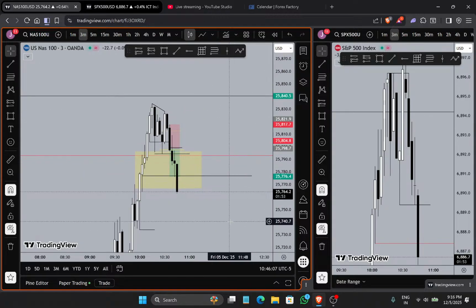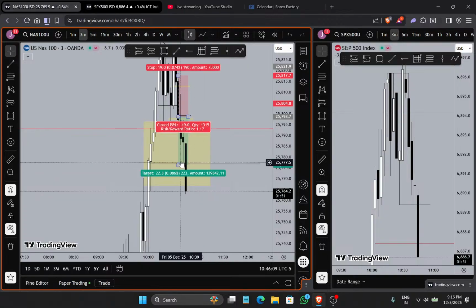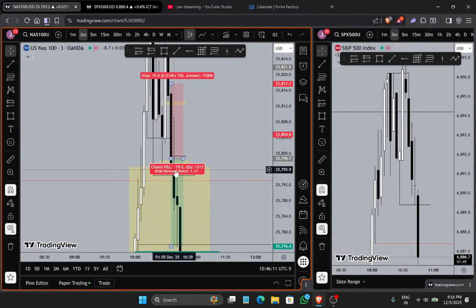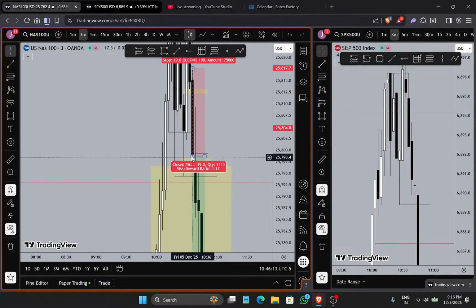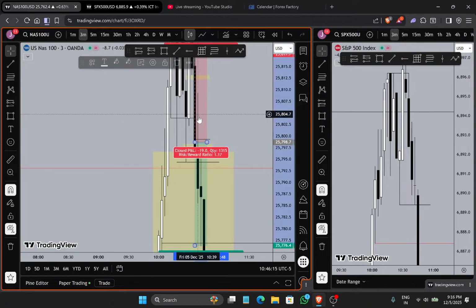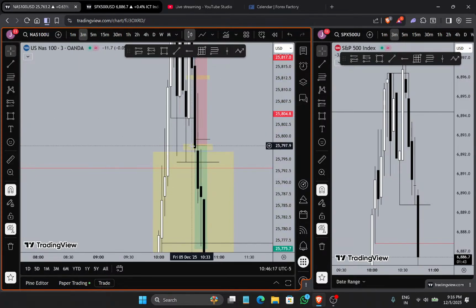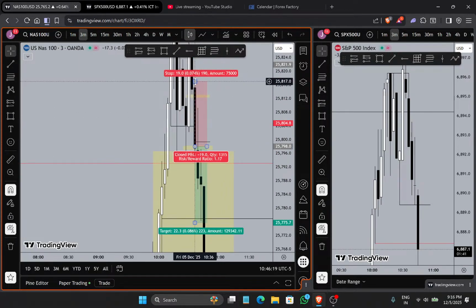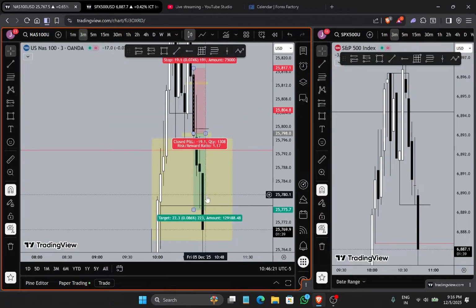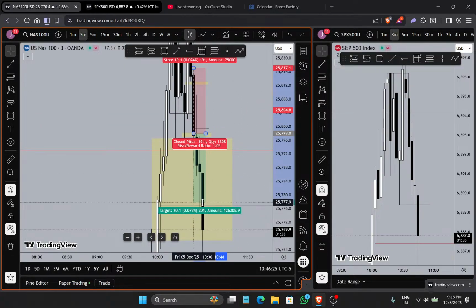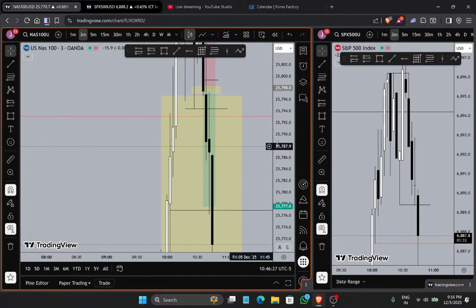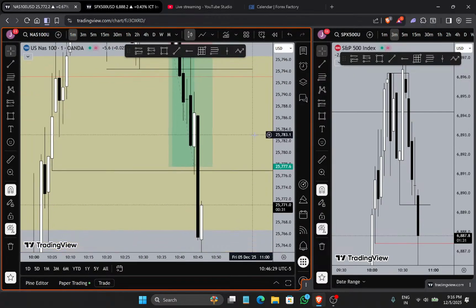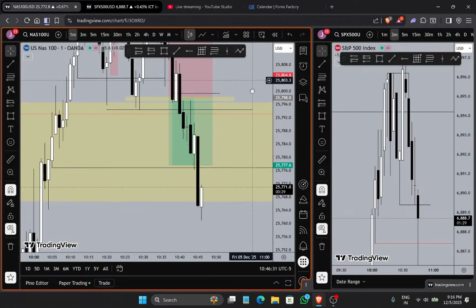Oh man, look at that. Actually, why was that? I got filled here. My stop loss was here, and my 1 to 1 was around here. So when the wick comes and taps into this level, I think that was spread or something.